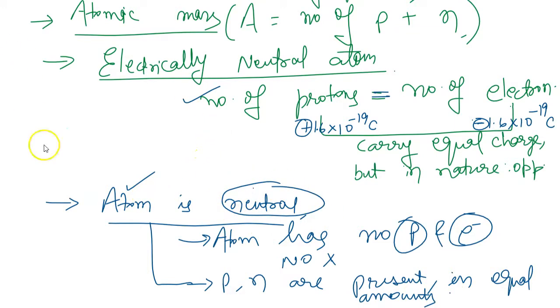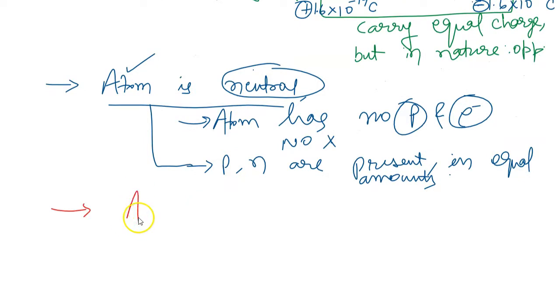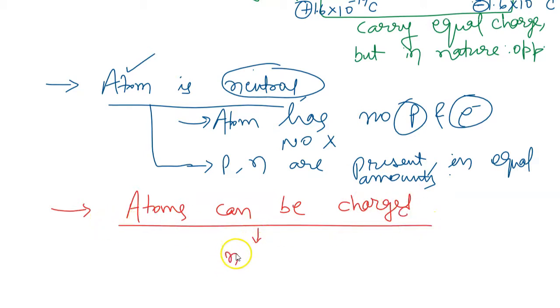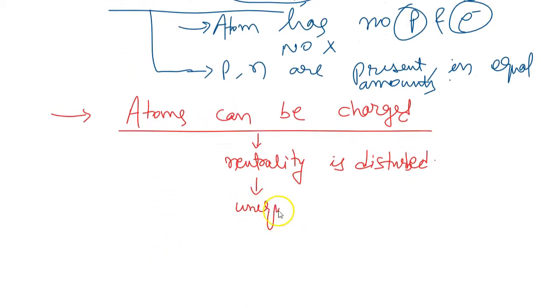Now there are certain atoms which are charged. Atoms can even be charged. So in the case of a charged atom, the neutrality is disturbed. Now what do we mean by neutrality being disturbed? Unequal number of protons and electrons.